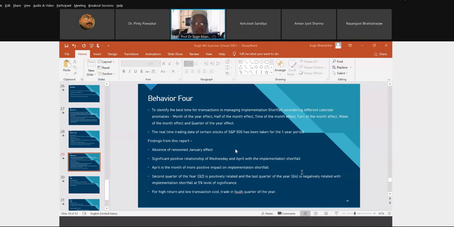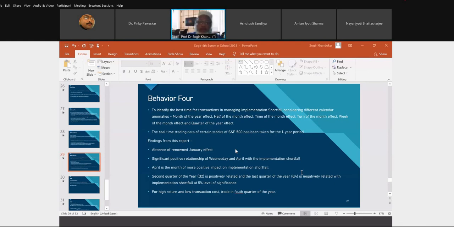Okay, the conclusion is, when we go for the quarterly analysis, the fourth and second quarters are significant for decision making.